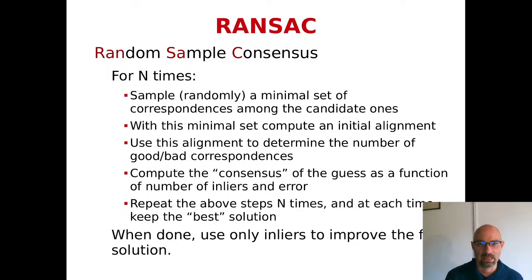So n times m correspondences, if we don't know anything. We don't have a way to determine a decent set of correspondences. So what we do is a sampling approach.